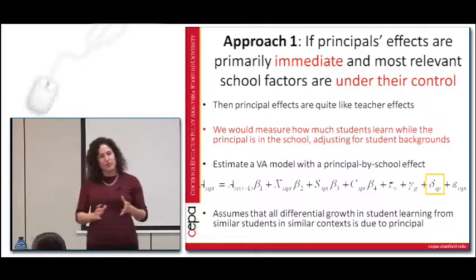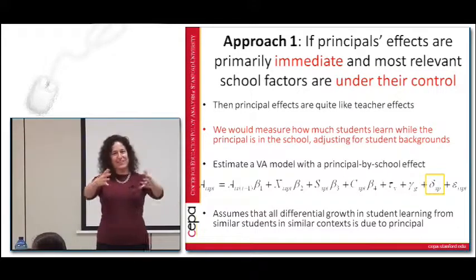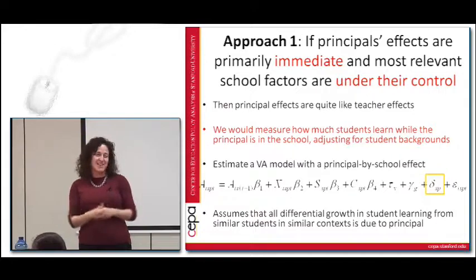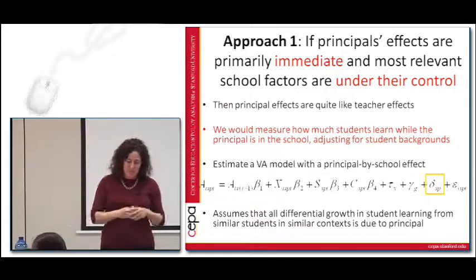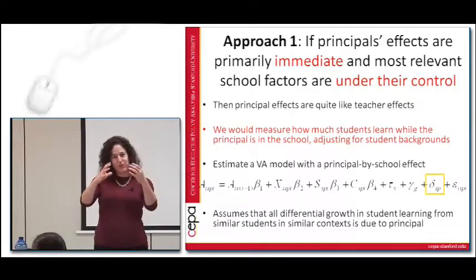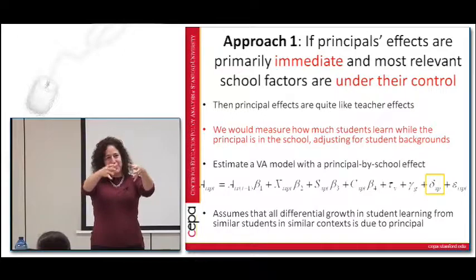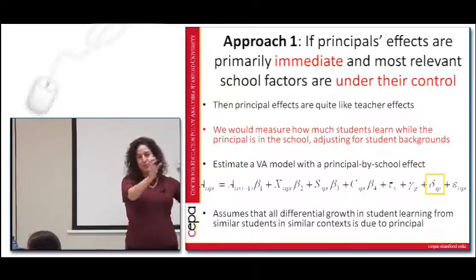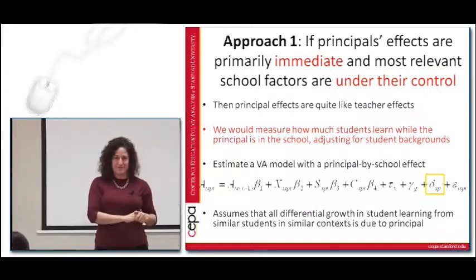So an alternative approach, still assuming that the effect is immediate and constant, is to compare a principal in a particular school to other principals who have served in that same school. Okay?